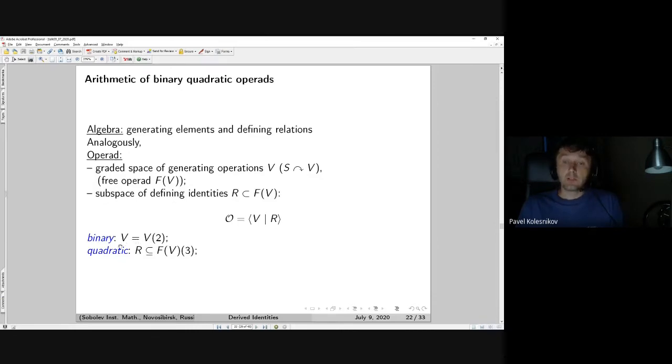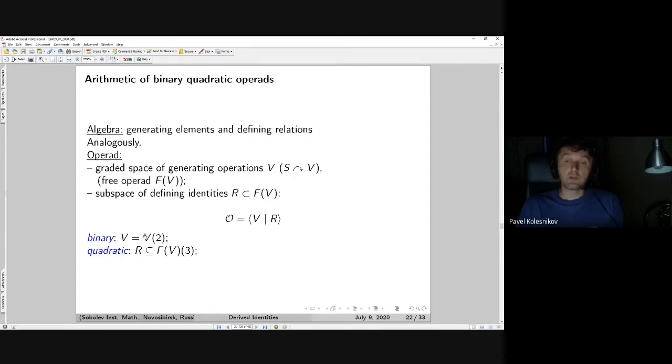And an operad is said to be quadratic if all defining relations are concentrated in the third component of the free operad. That is, defining identities are of degree 3. Of course, say commutativity or anti-commutativity, they are of degree 2. But commutativity and anti-commutativity are written in the symmetric module structure.